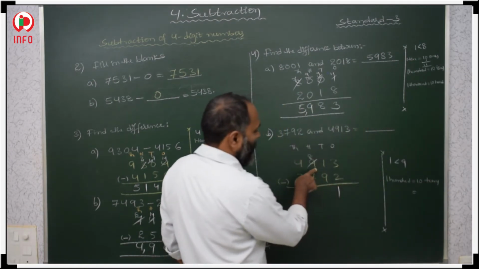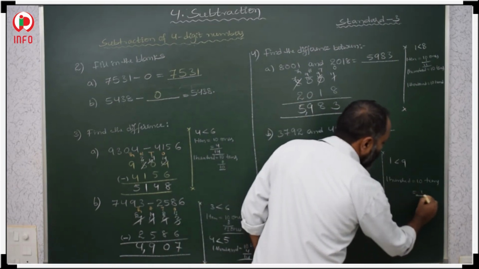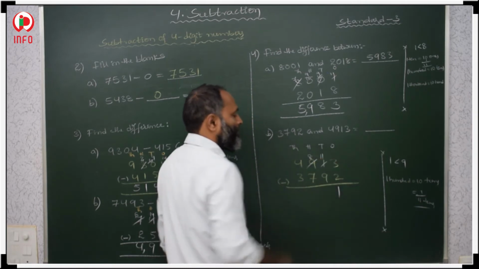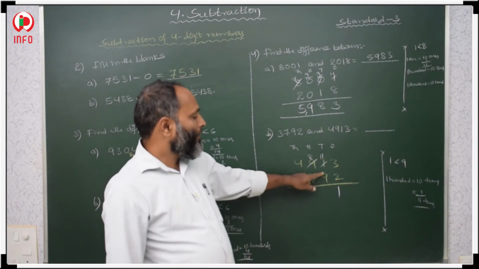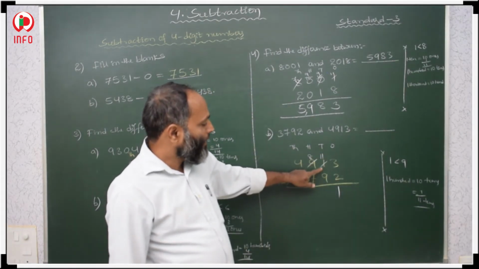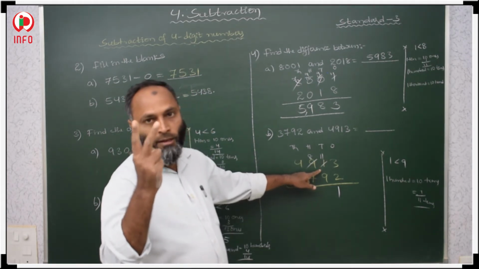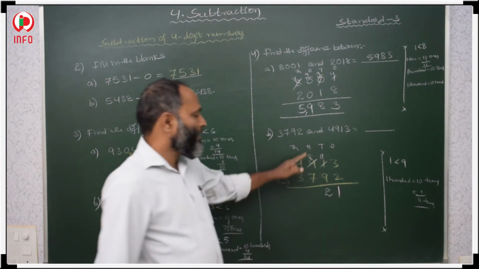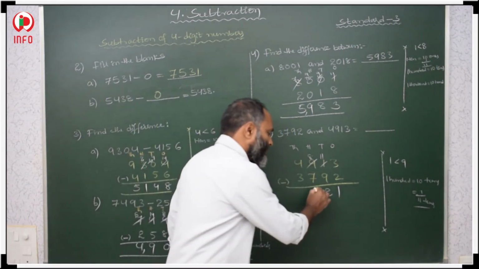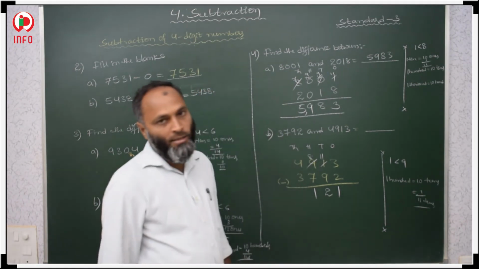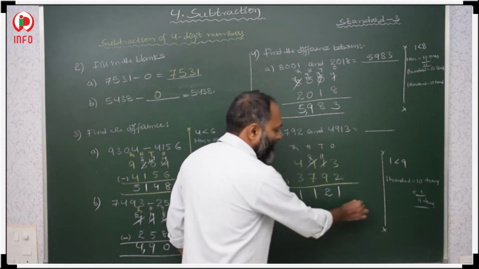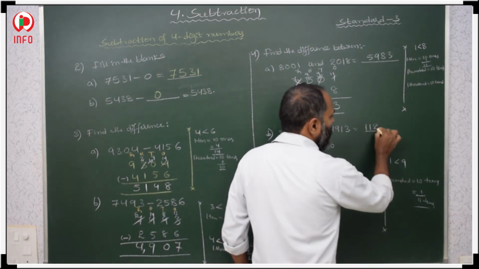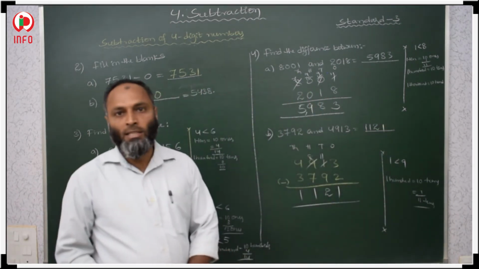Already how many tens are there? 1. 10 plus 1, 11 tens. 11 minus 9 means 10 to 11 you have to count. 10, 11, 2. 8 minus 7. These are consecutive numbers. The difference is 1. 4 minus 3, also serial numbers. Difference is 1. 1121. This is your answer.